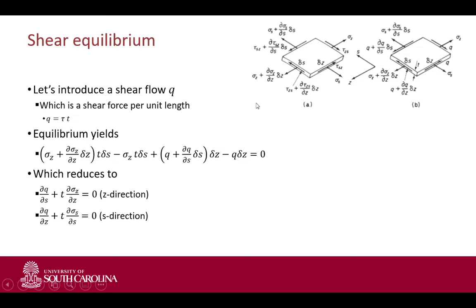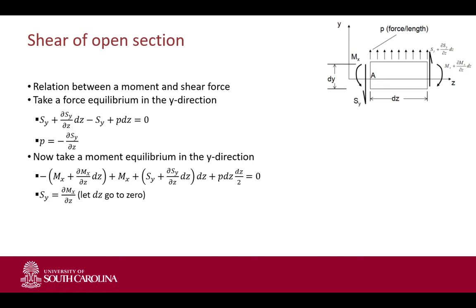We looked at an element in any cross section and started doing the equilibrium equations in the z direction and s direction. We came up with an equation that states the shear flow plus some part of our direct stresses must be equal to 0.